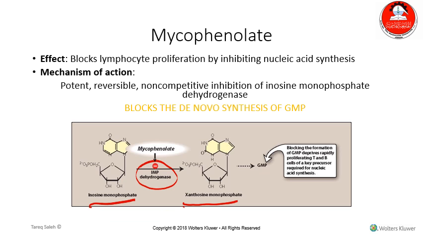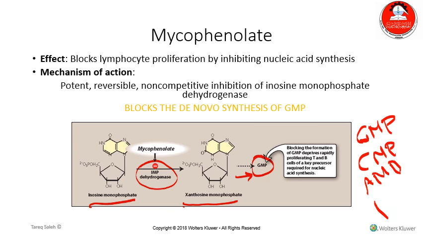Xanthine monophosphate is then converted into GMP, or guanosine monophosphate. And remember that guanosine monophosphate is a major component of the newly synthesized DNA, right? You need GMP, you need CMP, AMP, and TMP to synthesize DNA, right?